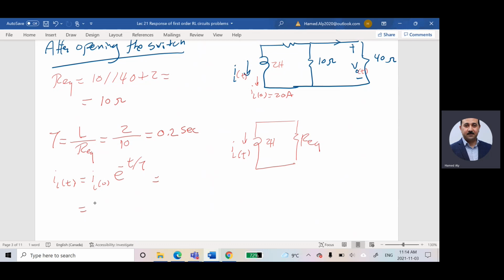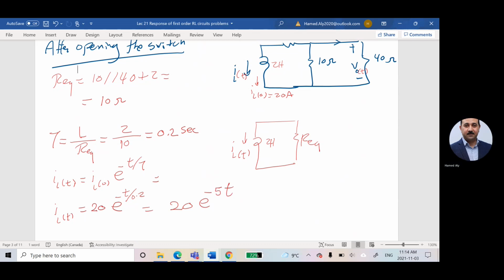So it's equal to 20 multiplied by e to the power negative t over tau. This guy could be written as 20 times e to the power negative 5t, because 1 over 0.2 is 5. This is my current in amps.